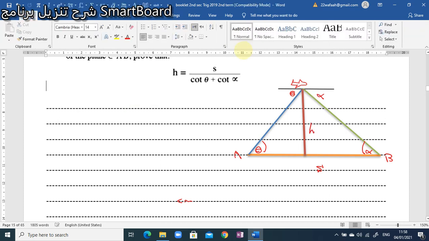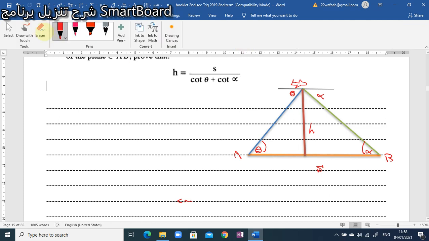So to prove that h equals S over cotan theta plus cotan alpha, I can use the two triangles, this point for example D, and this point for example C, in two triangles ACD and CBD.